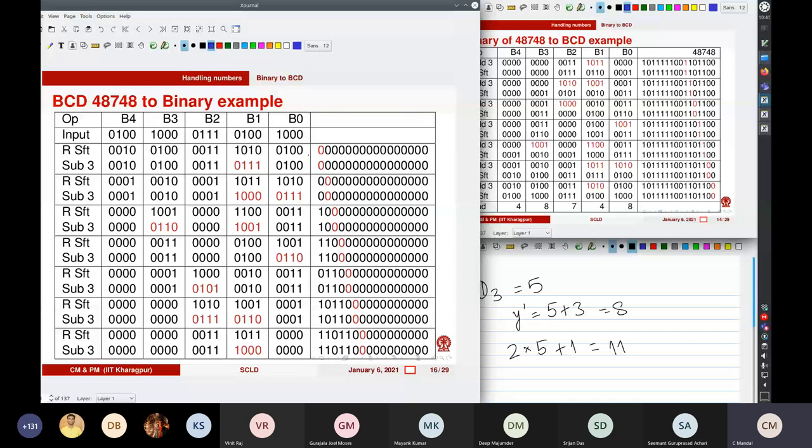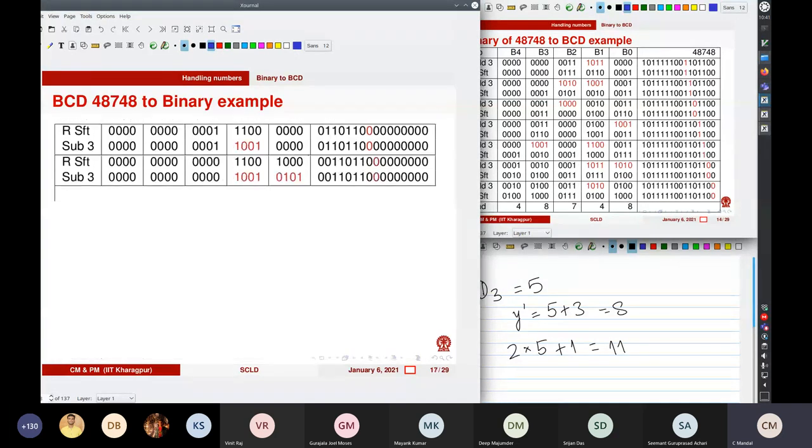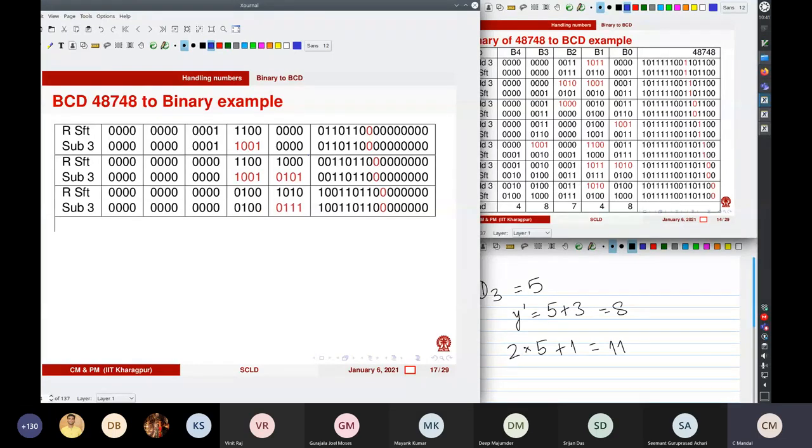After the third shift, you might have to correct if your value is greater than or equal to 5. So here also you first do a right shift and then you carry on. This is how it goes on.